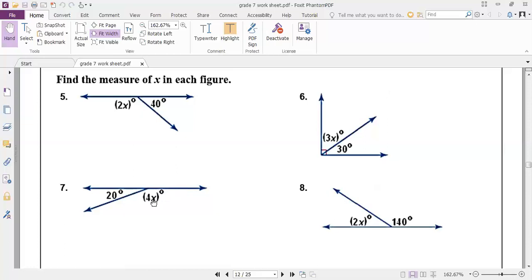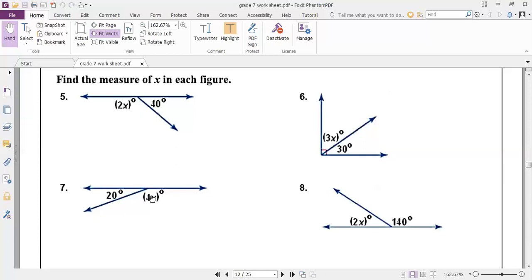So 4x plus 20 is equal to 180. Firstly, I will subtract 20. 180 minus 20 is equal what, Saleh? 180 minus 20 is equal to 160. So 4x is equal to 160.